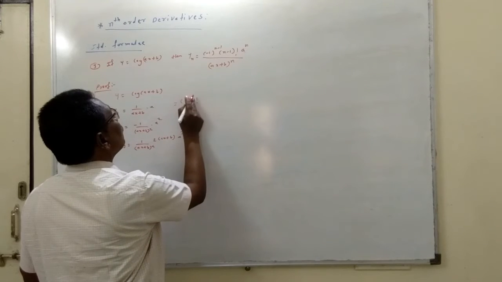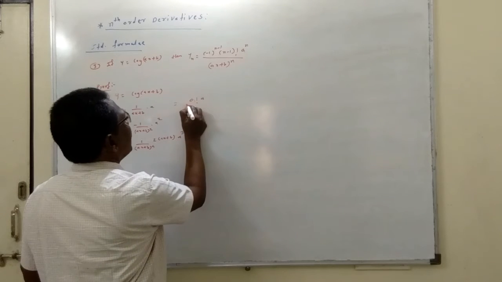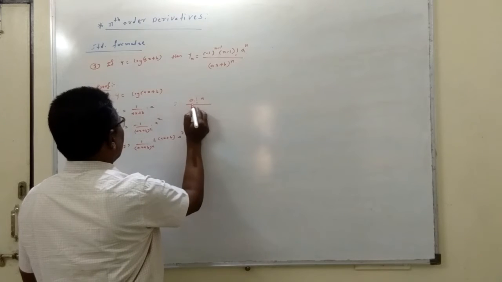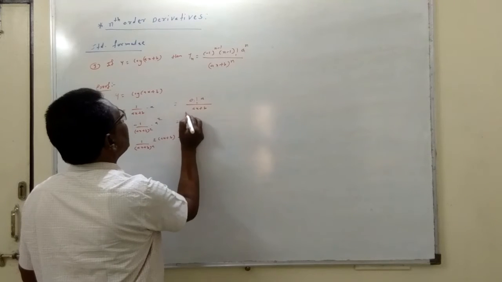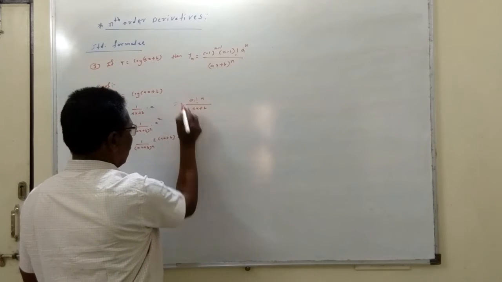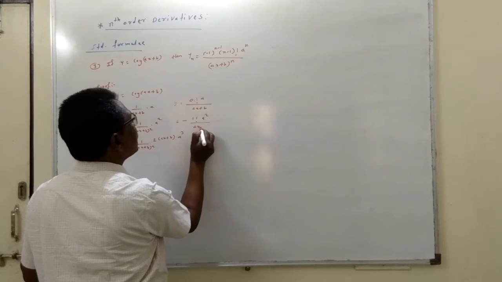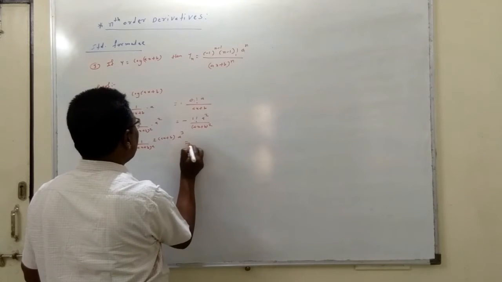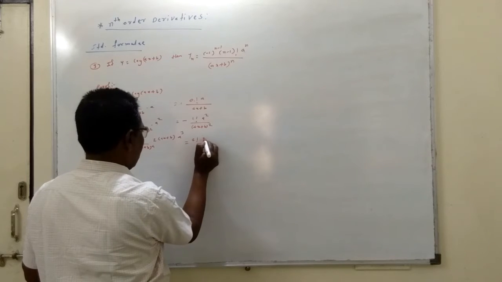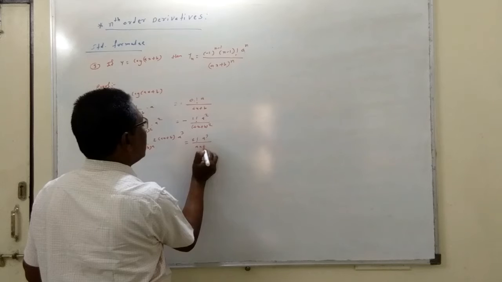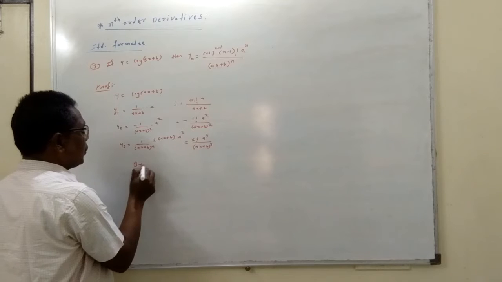For 1 minus 1, here we will write 0 factorial, a divided by (ax + b). Here is the positive sign, now minus 1 factorial a square upon (ax + b) square, and then 2 factorial a cube upon (ax + b) cube. So from this result we can generalize.